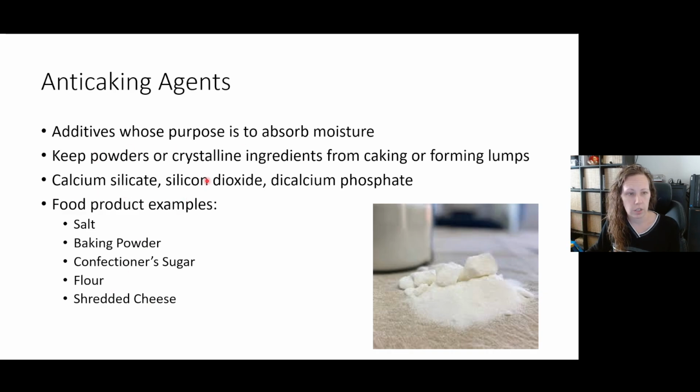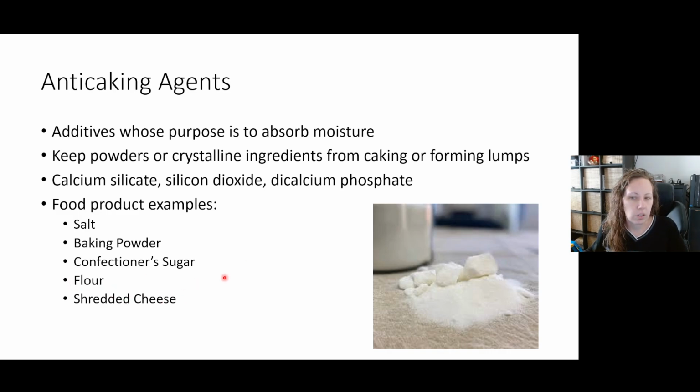These serve a slightly different function as an anti-caking agent than they do with these powders. But if you don't have the starch or microcrystalline cellulose, the cheese will clump together and stick together. What it is doing is adding a moisture barrier around each shred of cheese to prevent them from sticking together.